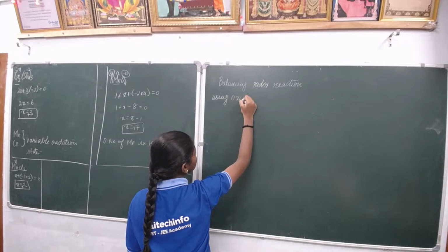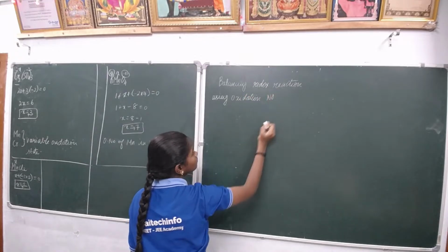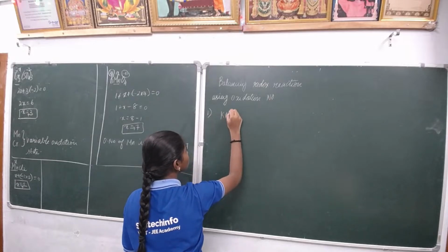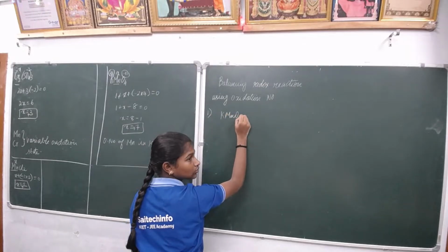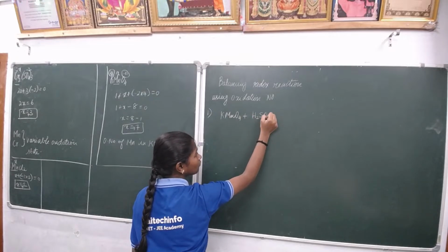Now, let me give you the reaction. KMnO4, this is an acidified KMnO4. You can put H2SO4. And then oxalic acid, H2C2O4 is oxalic acid.